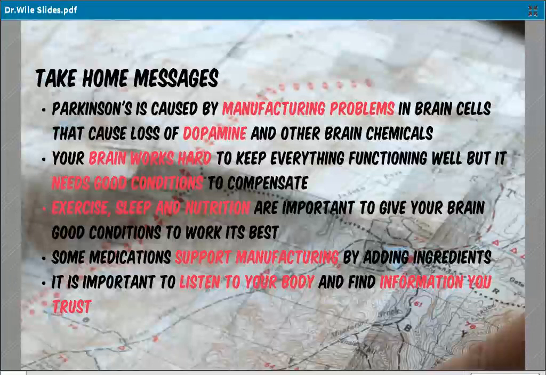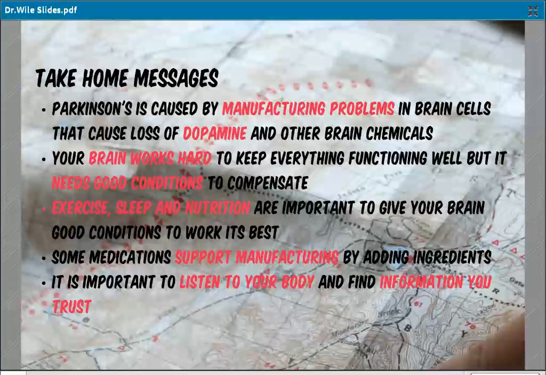So if one part of the machinery is broken, then it can lead to a problem with the end result, which is production of a package, let's say. So that package might contain dopamine, and so you can have many different problems that lead to that issue with the dopamine at the end of the day. There are other brain chemicals that are affected as well, but that's the analogy I'd like you to think of as we're talking about what causes Parkinson's and how it works.